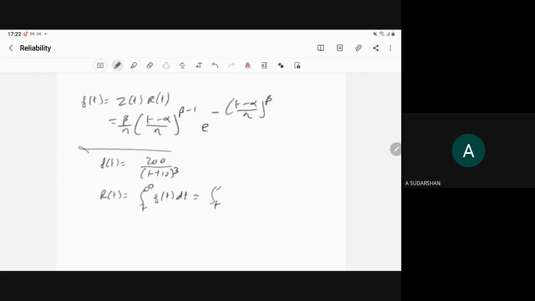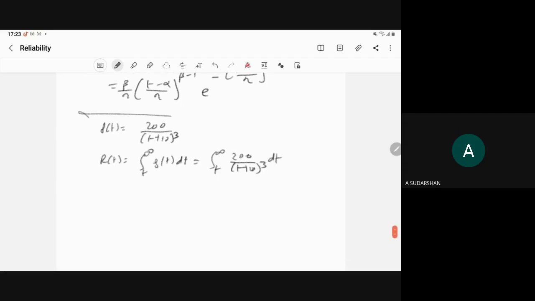So the integral from t to infinity of 200 upon (t plus 10) cube dt will become 100 upon (t plus 10) square, evaluated from t to infinity.